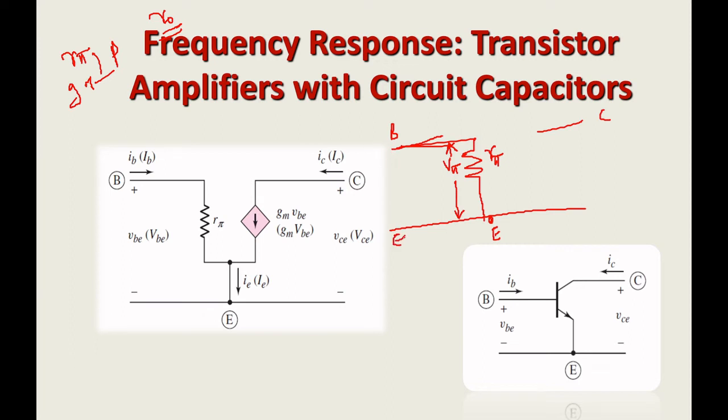This is the point between the base and emitter, so I can write a capital V or small v, or VB. The small letter is the small signal value, and the capital is the representation of the total instantaneous value. You can write anything.